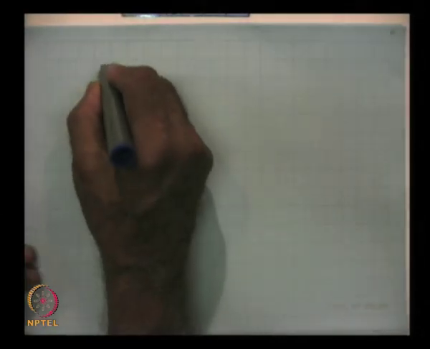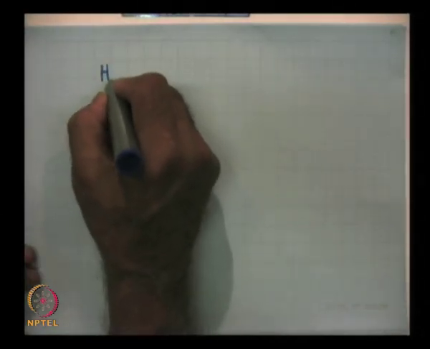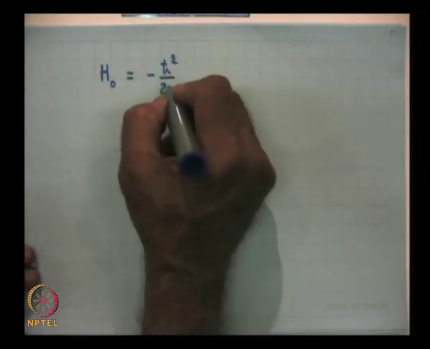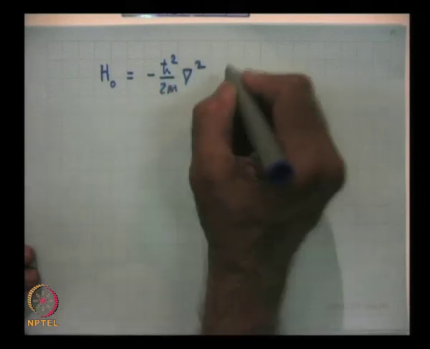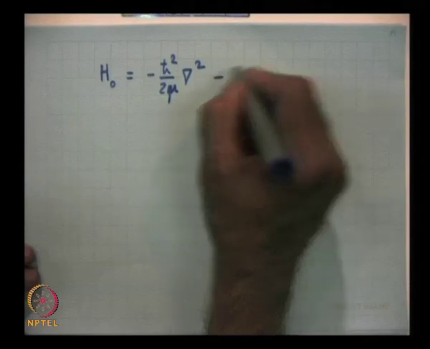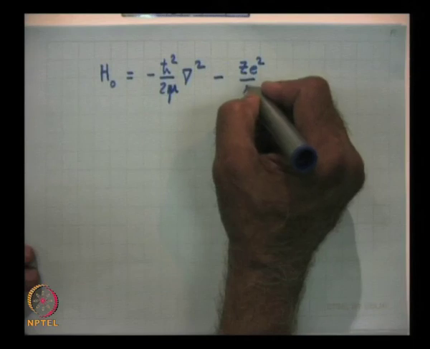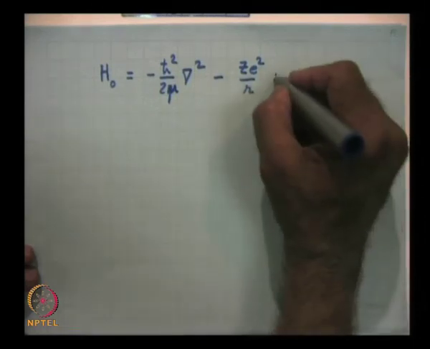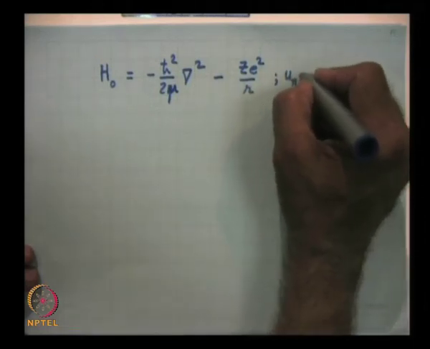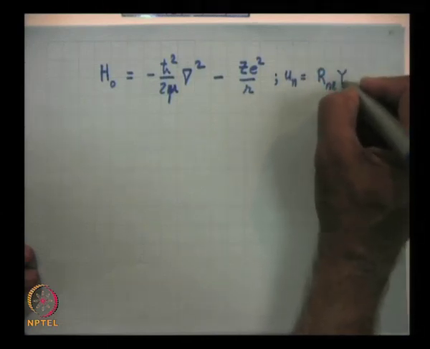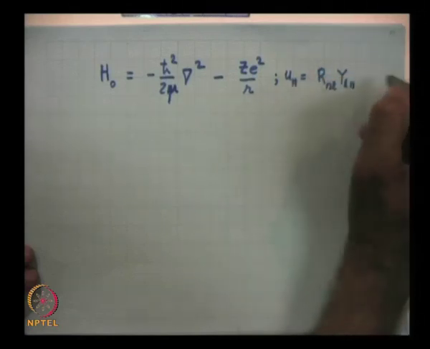Or H naught may represent the hydrogen atom problem, in which it is given by minus h cross square by 2 mu del square minus Z e square by r. This is V of r. For this problem we know that u n is equal to R n l Y l m. Actually these are 3 subscripts here.